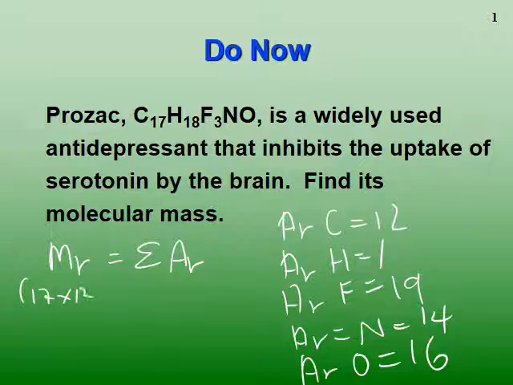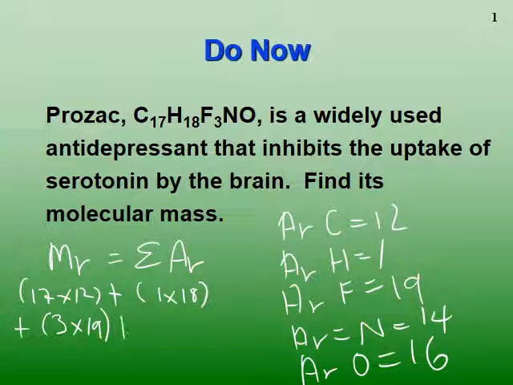17 times 12 plus 1 times 18 for hydrogen plus 3 times 19 for fluorine plus 1, just made a slight mistake there, 1 times 14 for nitrogen plus 1 times 16 for oxygen.